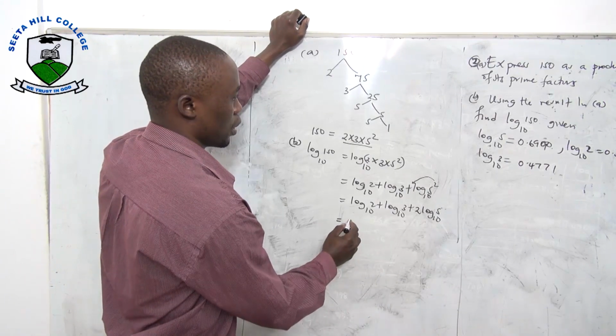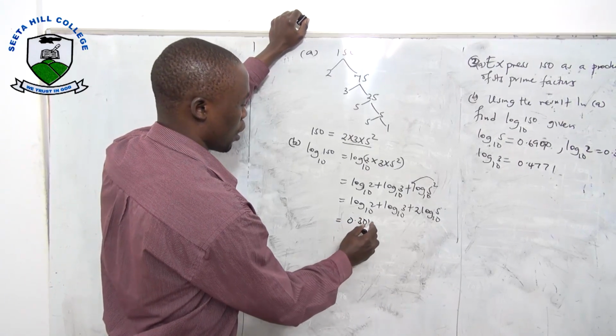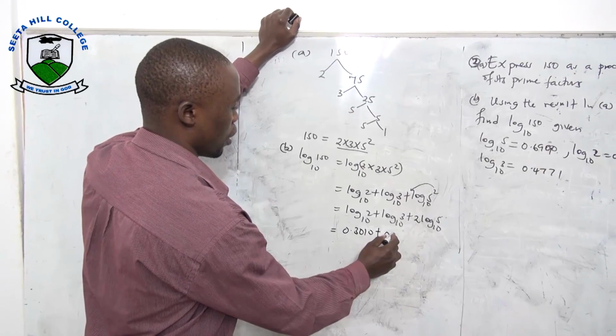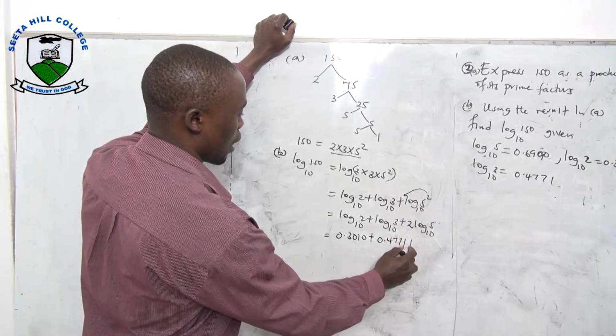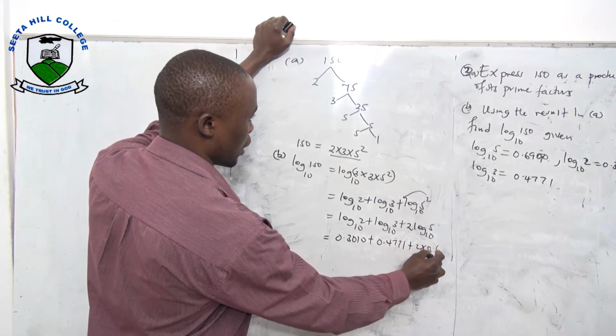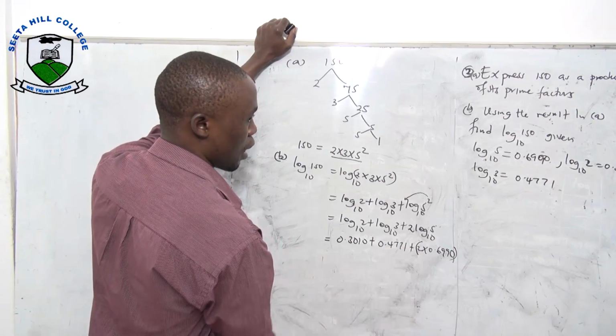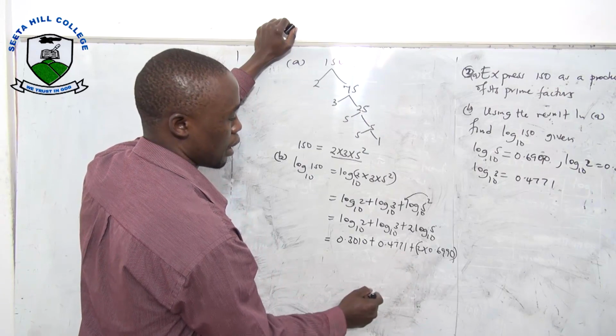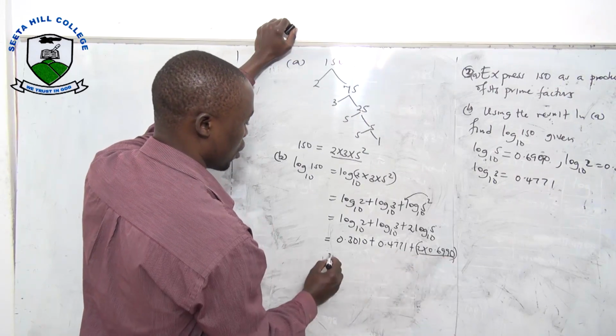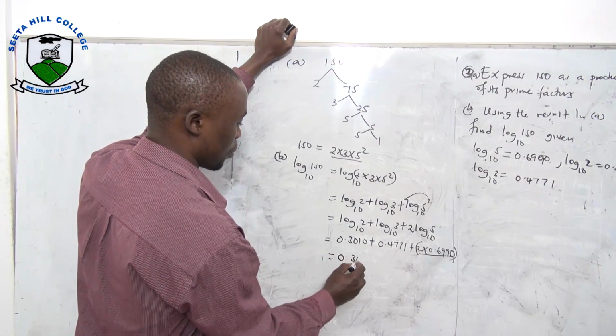That one will be what? 0.301 plus 0.4771 plus 2 times 0.6990. But I told you that for a positive term, simply multiply directly, and give us the answer.